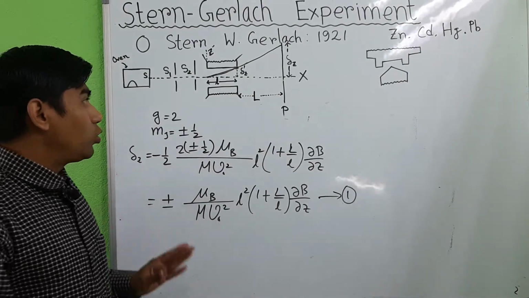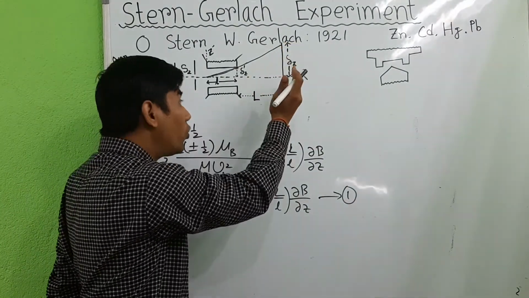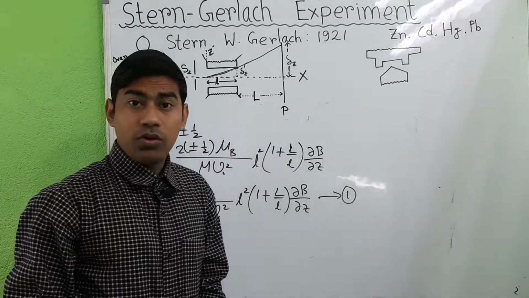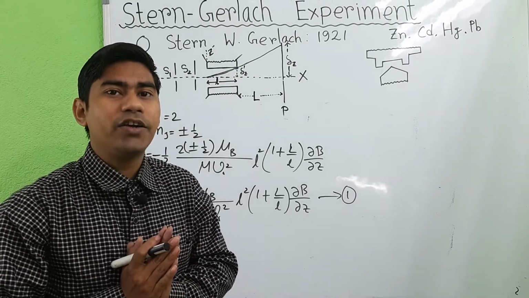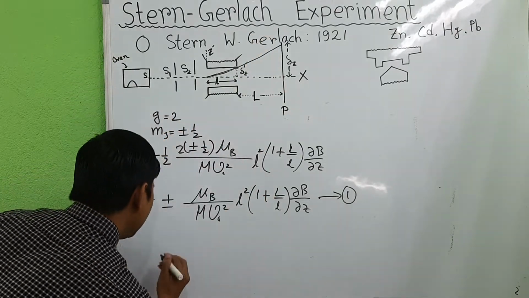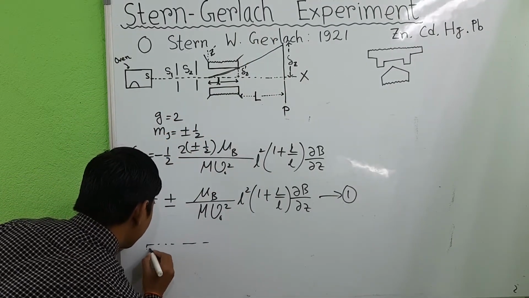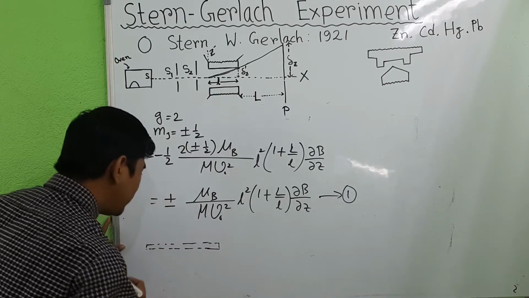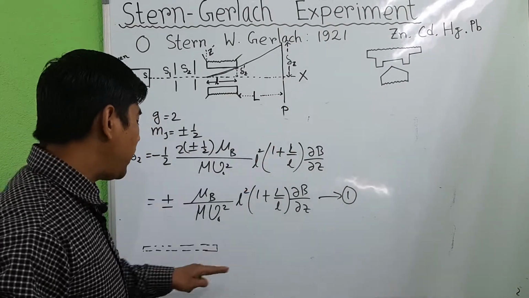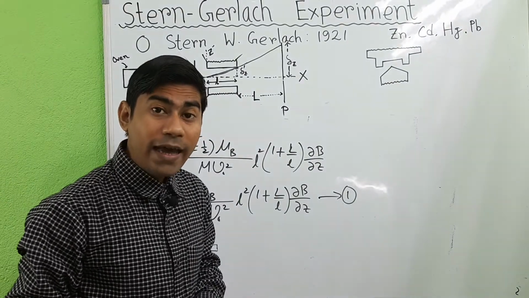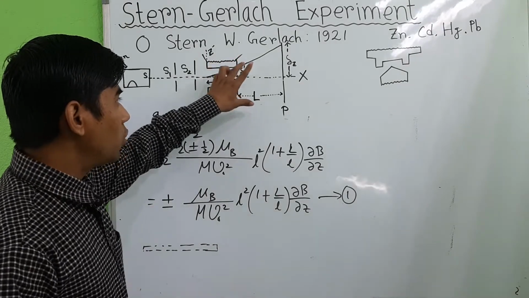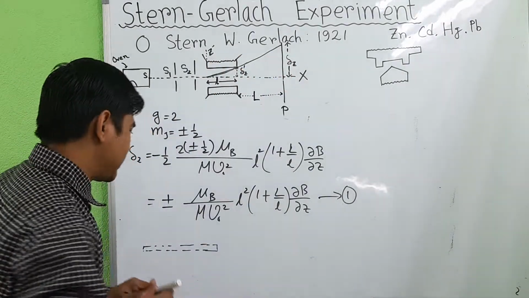So what is delta Z? It is the total displacement in the Z direction on the photographic plate by the silver atoms. When there is no magnetic field, the atomic beam produces a single linear trace on the photographic plate, and after application of the magnetic field, the silver atoms produce two linear traces.